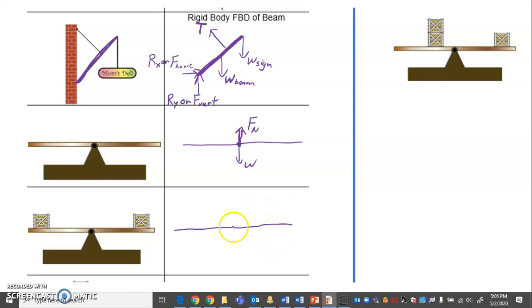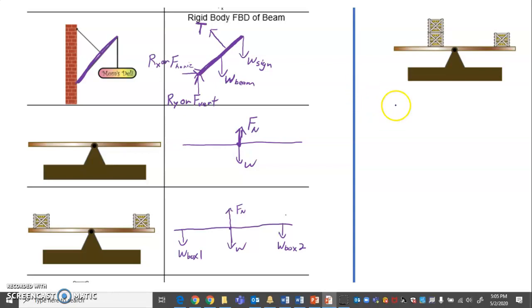Trying to draw this as a horizontal line, but it has a normal force and weight straight down, and it has a force right here. This is the weight of box 2, and here we have the weight of box 1. And I just called them 1 and 2 just so that you would know.